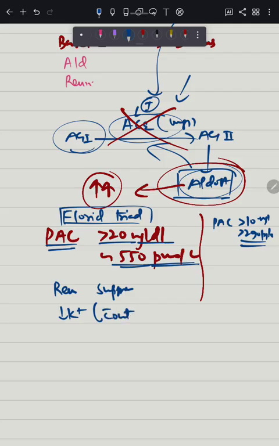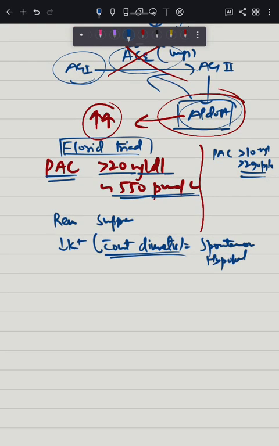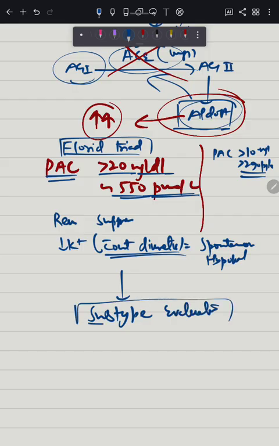That should be in the absence of diuretic use, and that's called spontaneous hypokalemia. That is, there should be no prior diuretic use. So if all three are present, it's virtually diagnostic of primary aldosteronism. You can proceed straight to subtype evaluation, that I will discuss in a while, with CT or adrenal venous sampling.